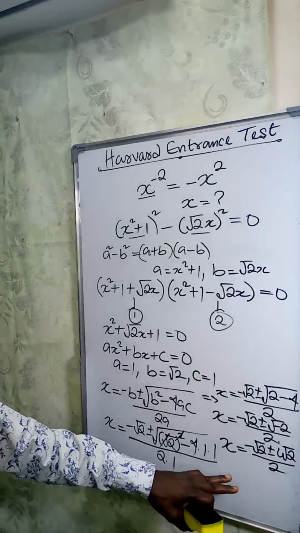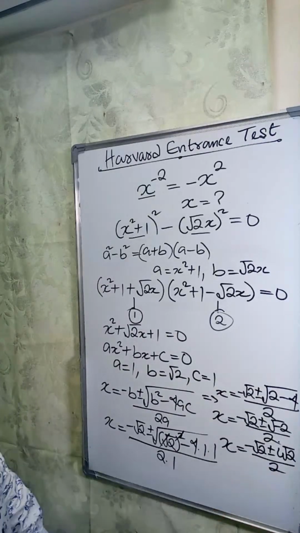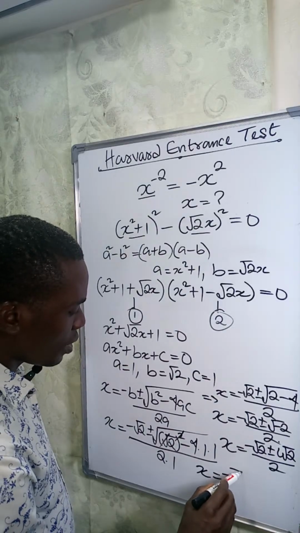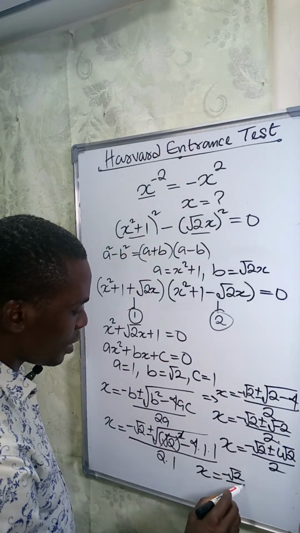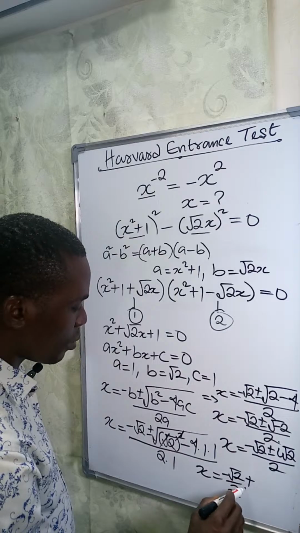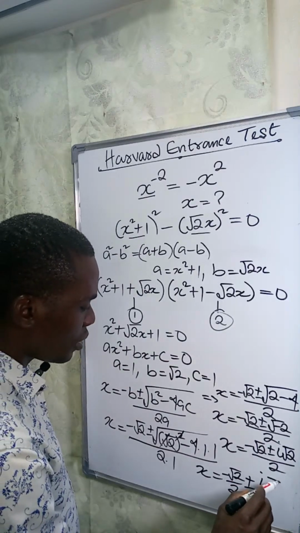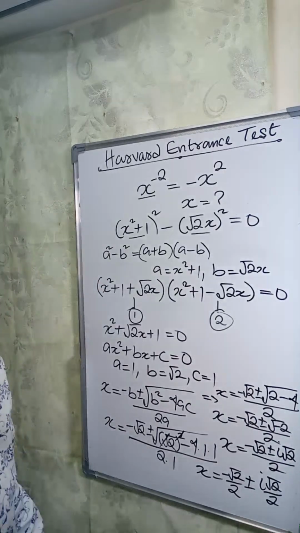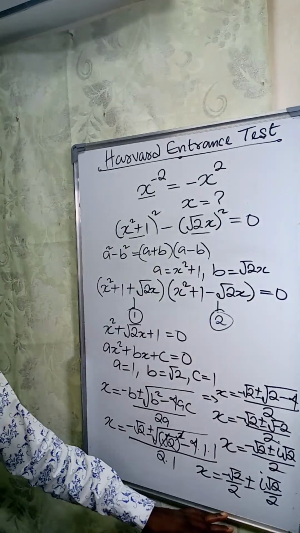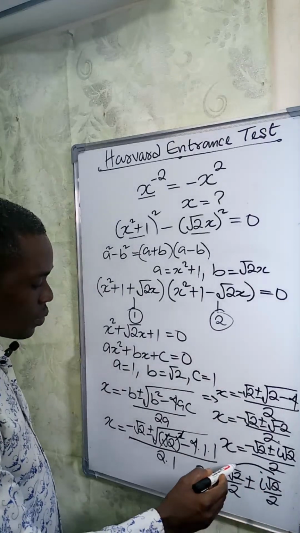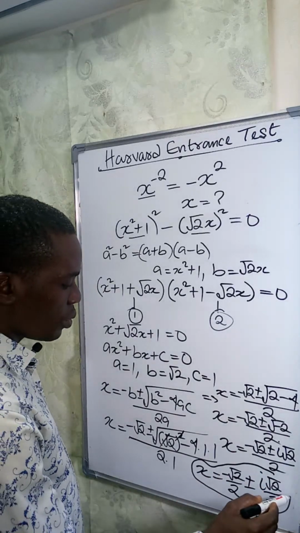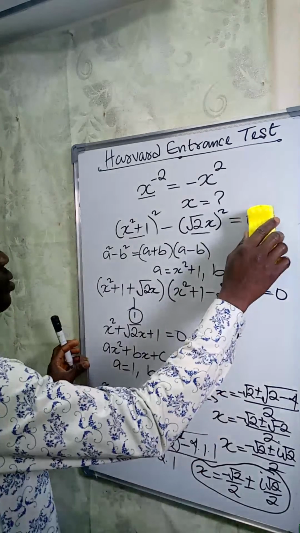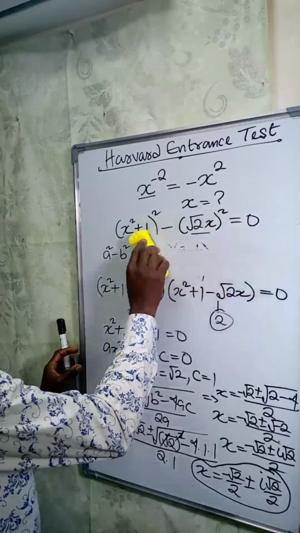If we simplify that expression, we'll have x equal to negative square root of 2 divided by 2 plus or minus i square root of 2, remember the conjugate, divided by 2. So this is absolutely a solution. This is absolutely one of the values of x for that expression.